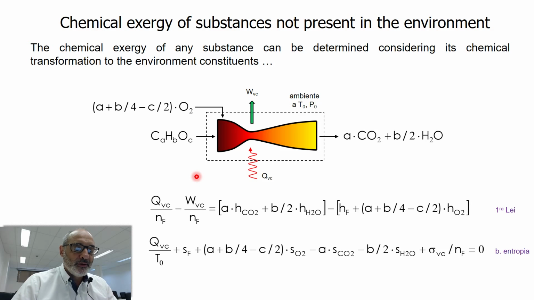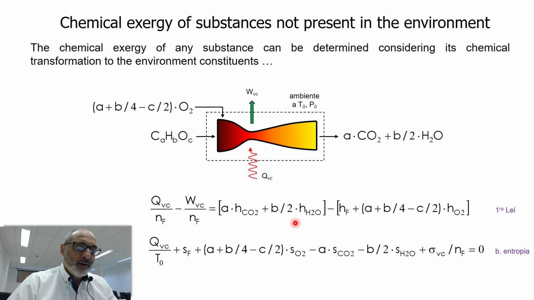When we apply the first law of thermodynamics, we have this. Work, and those are specific quantities. I'm dividing everything by the molar flow rate of fuel. So the amount of heat supplied to the control volume, and this is to respect our convention, divided by the molar flow rate of fuel in order to have a specific quantity here, minus a positive amount of work, which means it's coming out of the control volume.